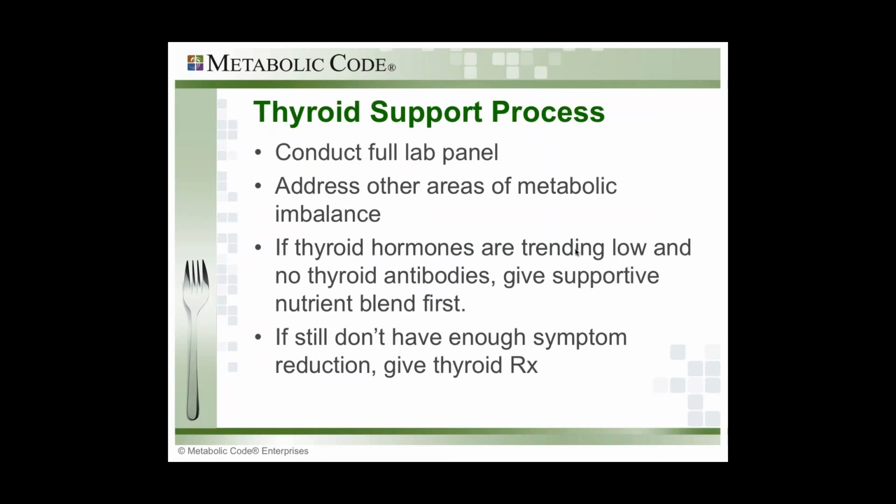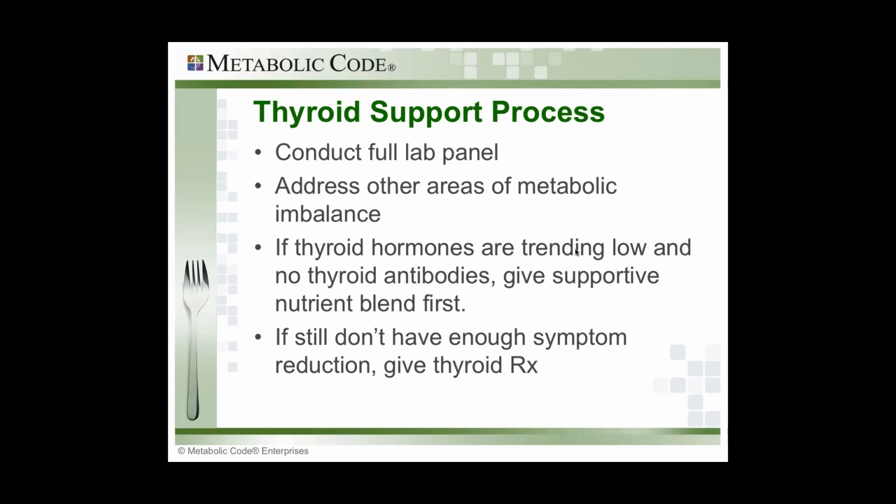So when we're looking to assess and address thyroid support, our process is that we conduct the full lab panel. We address other areas of metabolic imbalance, and if the thyroid hormones are low or trending low, and there are no antibodies, we give a supportive nutrient blend first. The reasoning is that we try to avoid going on thyroid hormone if possible.